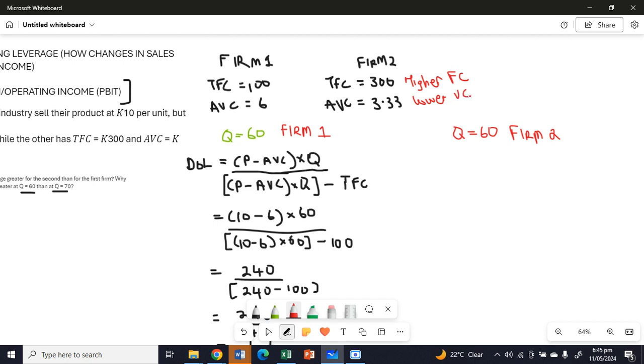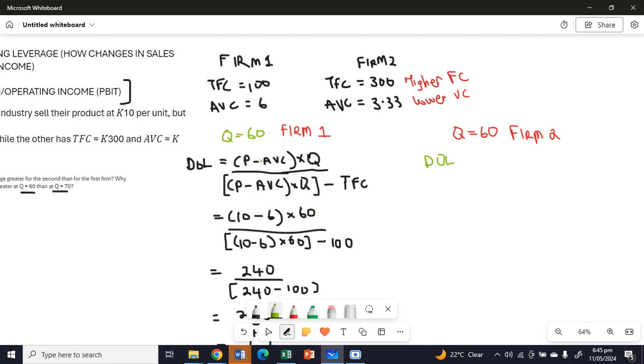Firm 2 has a higher fixed cost than firm 1 and a lower variable cost than firm 1. I'm going to first highlight the relationship between degree of operating leverage and fixed costs. We're going to compare the two firms, and what we're going to see is that if you have higher fixed costs, you have a higher degree of operating leverage. So let's get the DOL of firm 2.